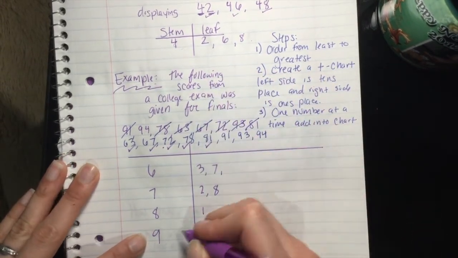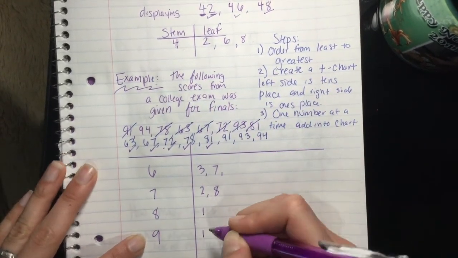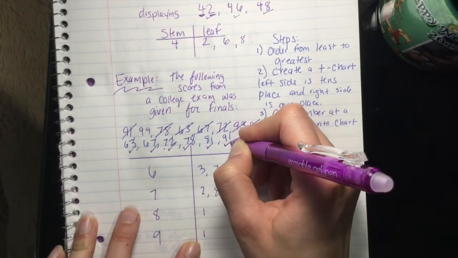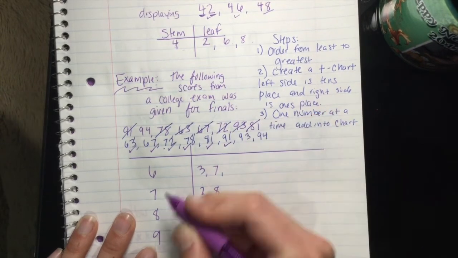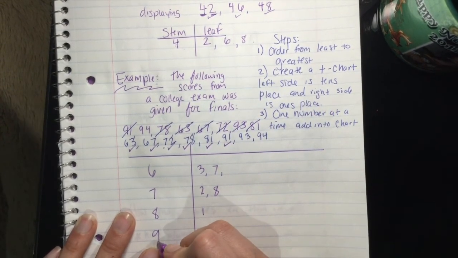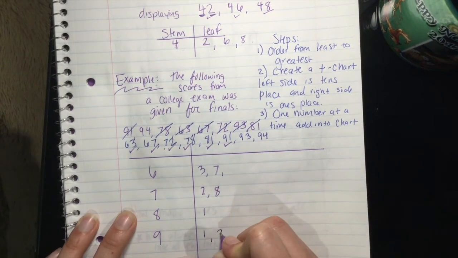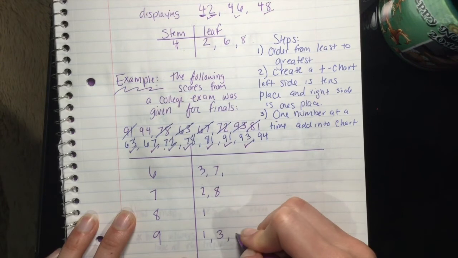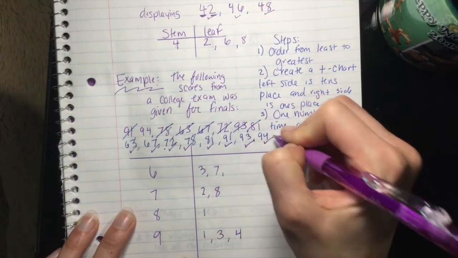And then 91. I go to my 90 and place a 1 here. Now 93. I go back to 90, and I don't have to make another 9 at all. I leave the 9 where it is and just put a 3. And then my 4, I can just put a 4 here.